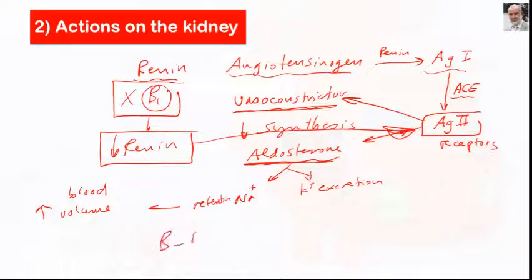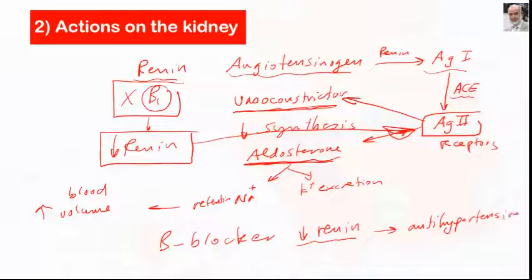That's why beta blockers are used as antihypertensive drugs. This is another mechanism of action of beta blockers as antihypertensive: they decrease the production of renin from the kidney.